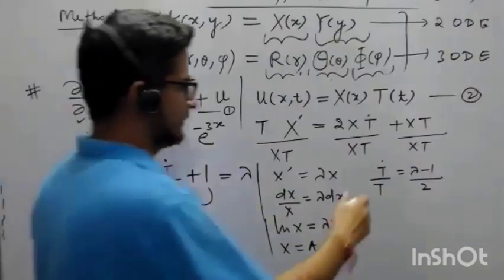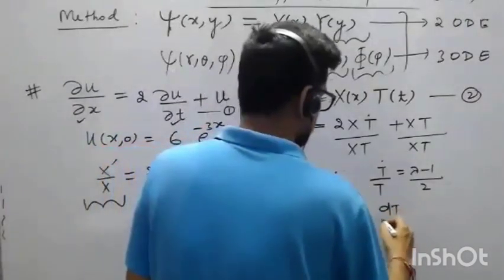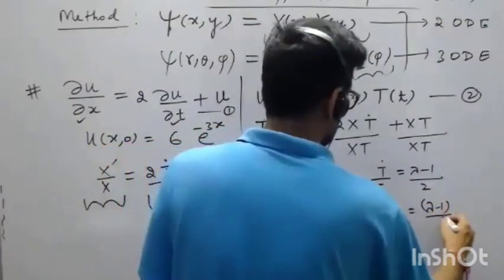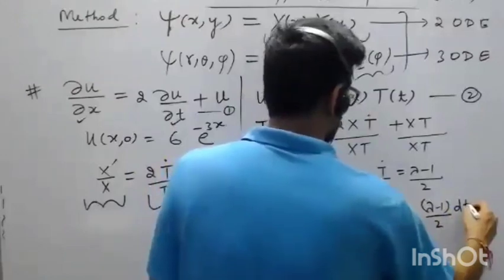And similarly, this side will become dt by t is equal to lambda minus 1 by 2 dt.